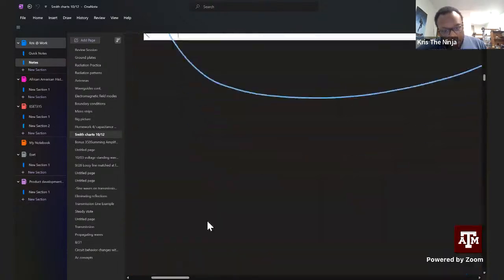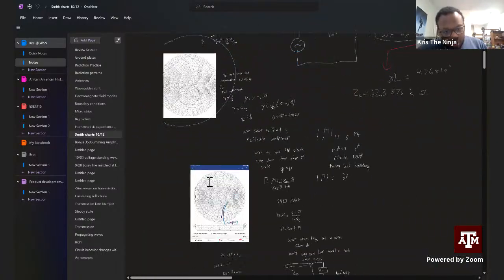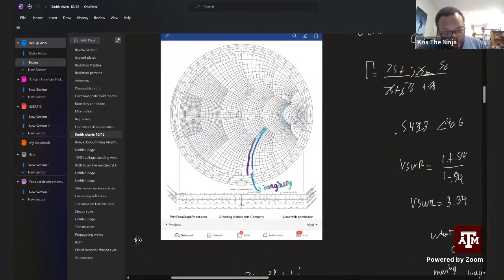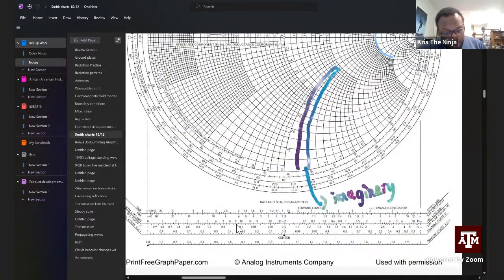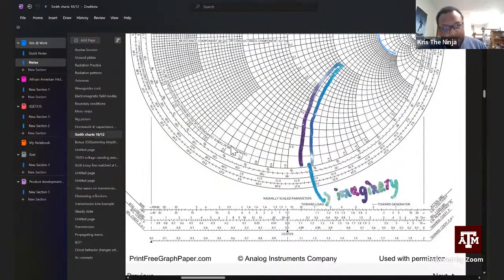The Smith chart has a bunch of these markers. From the center line, you find the radius out to the next point, and that gives you your VSWR, your voltage standing wave ratio.